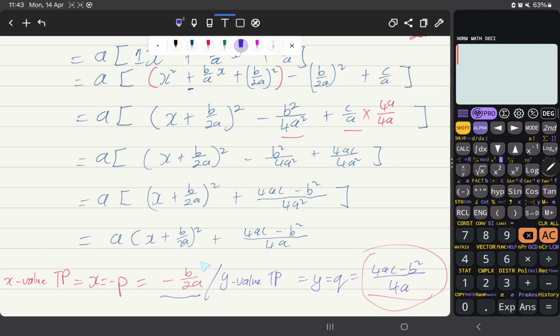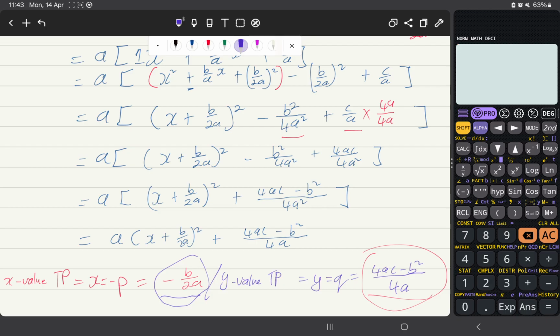Remembering these things is gonna help you a lot, because you don't have to stress about deriving it from scratch. You can just remember, substitute, get your turning points, and then you substitute or draw. Sometimes they will not ask you to find the turning point. They will say sketch this parabola, and for you to sketch it, you need your turning points as well. So these are the formulas you guys are going to use.